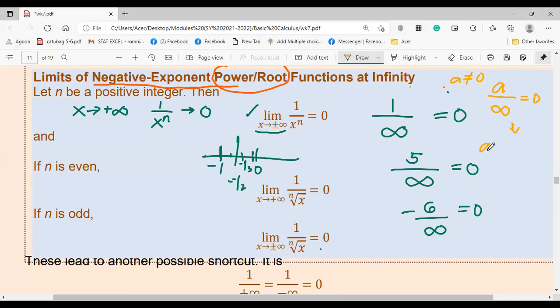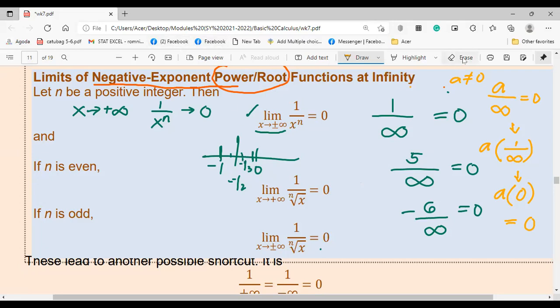Kasi kapag ang a/infinity ay finactor out mo, ibig sabihin a times 1/infinity. Ang 1/infinity is 0. So what is a times 0? A constant times 0 is 0. That means to say, class, that when your numerator is a constant and denominator is infinity, that is 0.